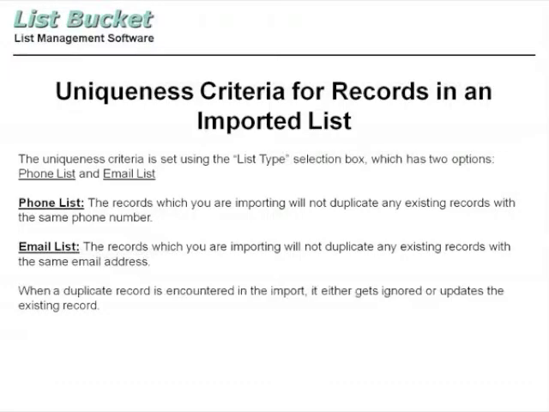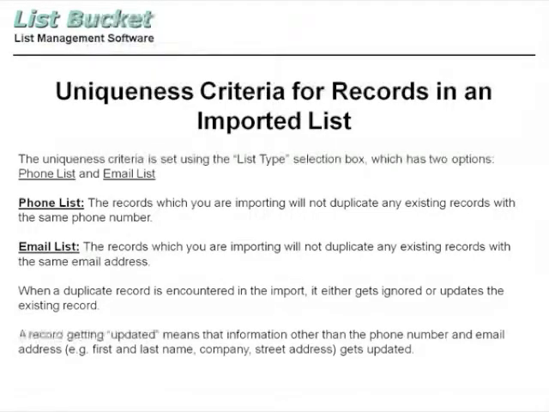When the application tries to import a record which has, depending upon the uniqueness criteria you chose, the same phone number or email address as one which already exists in the application database, the existing record will be updated, or the record from the file will be rejected.